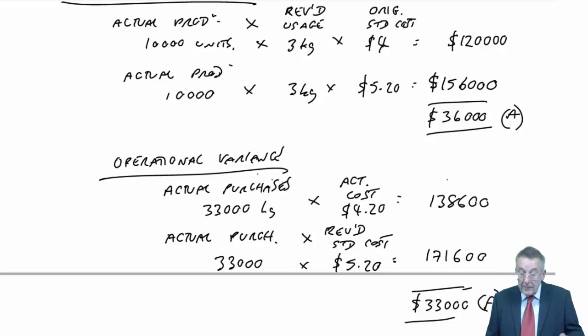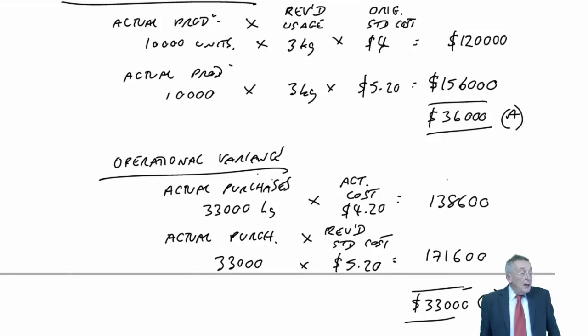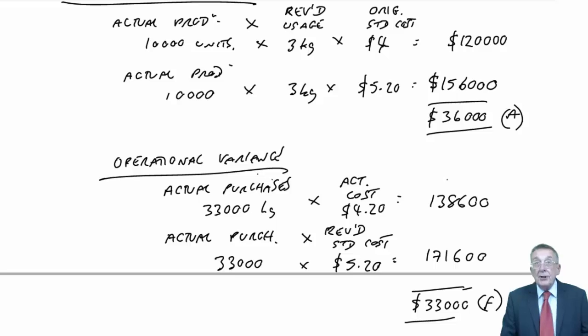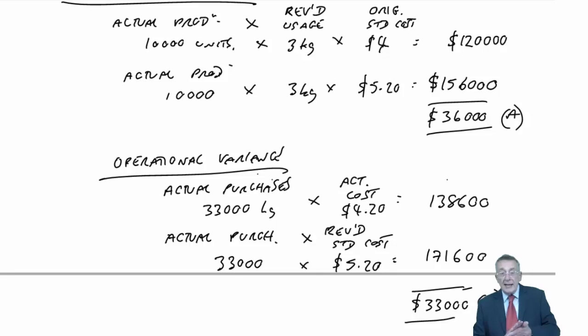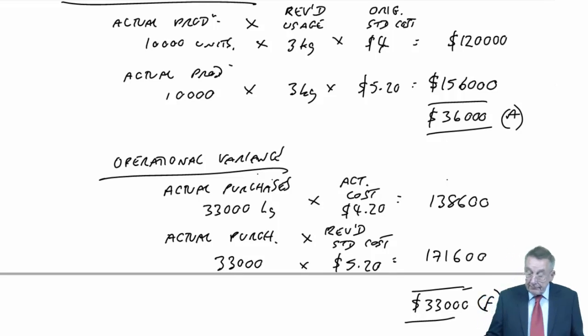Planning, I'm not going to repeat it all, but effectively, what you can see for yourself, we're comparing original standard cost with revised. Okay, so that's planning and operational. I want to keep these as two separate lectures because in the next lecture I'll do mix and yield, but it is completely separate. There's not really any connection at all. I don't want to confuse the two. So let's leave that there.